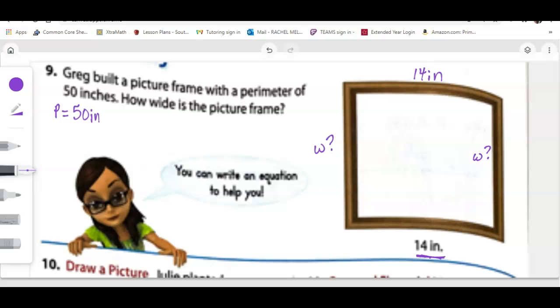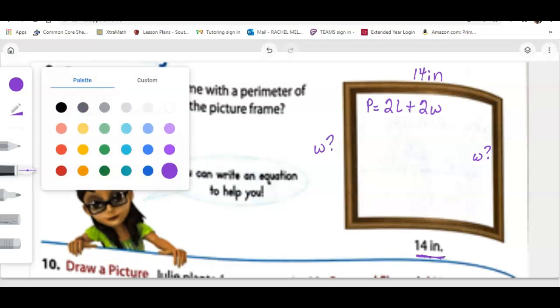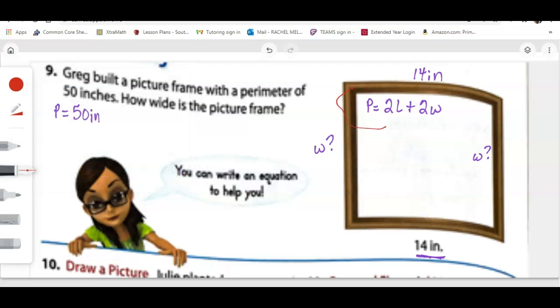Well, again, using that formula, P equals 2L plus 2W, we plug in what we know. I'm going to put in a different color what we know. We know the perimeter is 50 inches here.